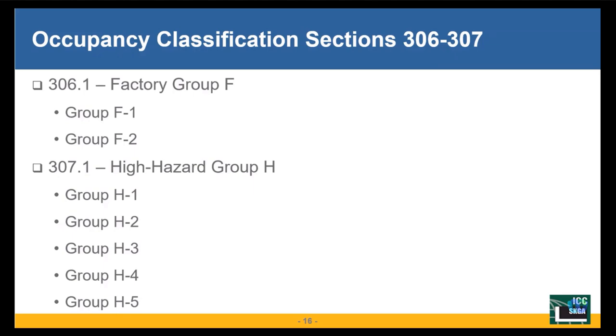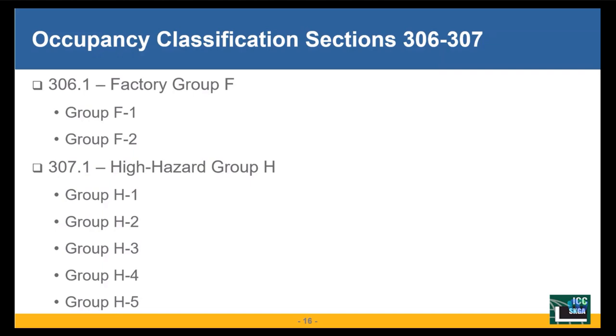So H1, for example, is a building or structure that contains materials that present a detonation hazard. And I'm going to go all the way to H5, so you can see the difference. And all these are, again, listed in the code in detail.